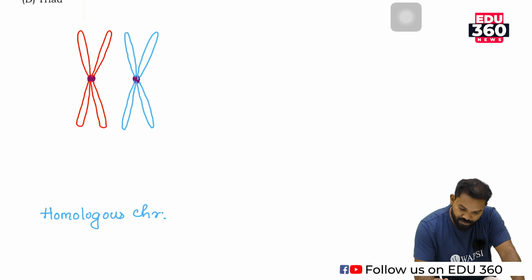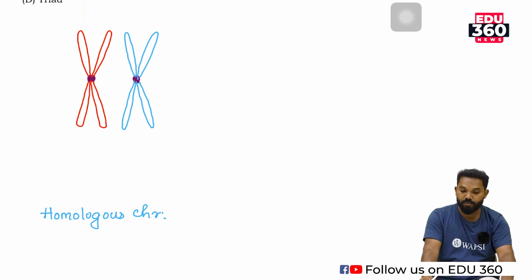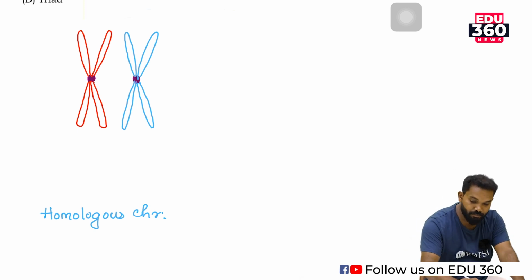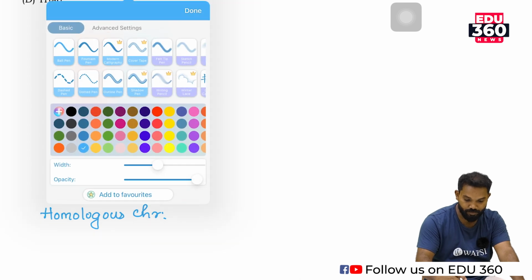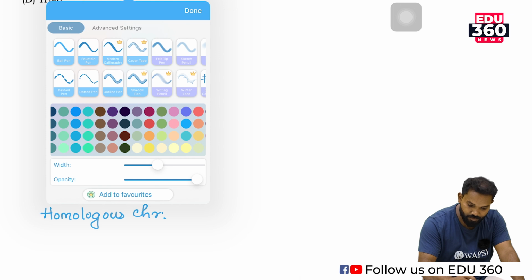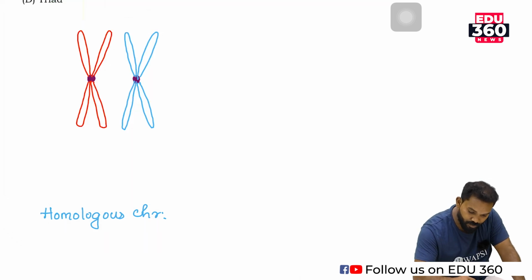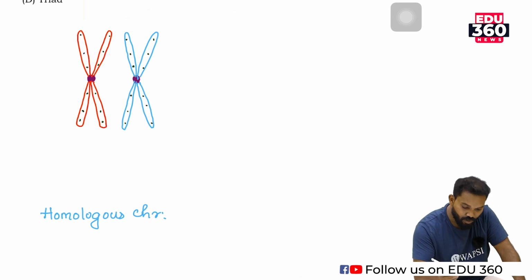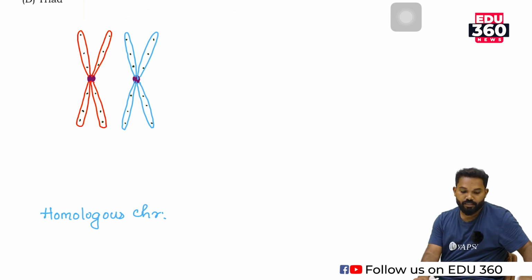Homologous chromosomes are 2 chromosomes having the same gene locus or same gene location. This one has 6 genes, and this one also has 6 genes, located at exactly the same positions.